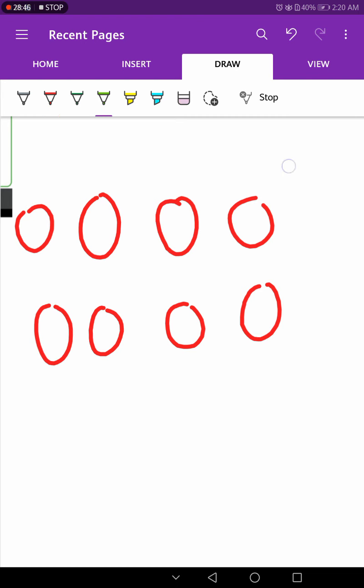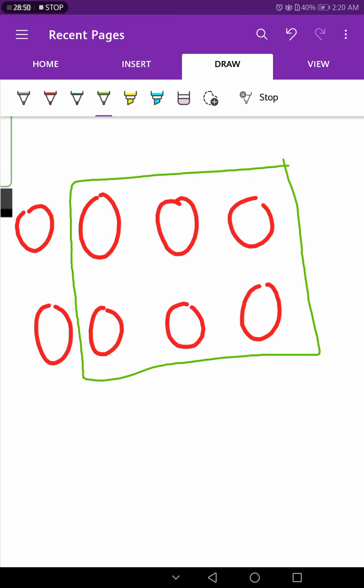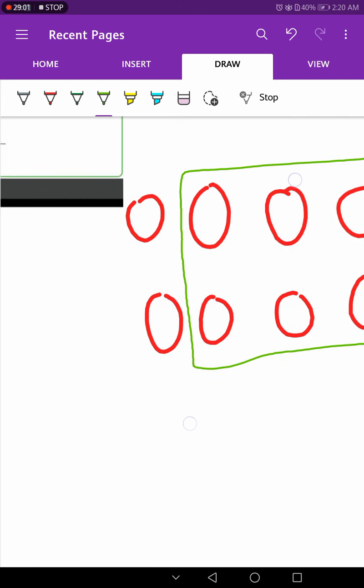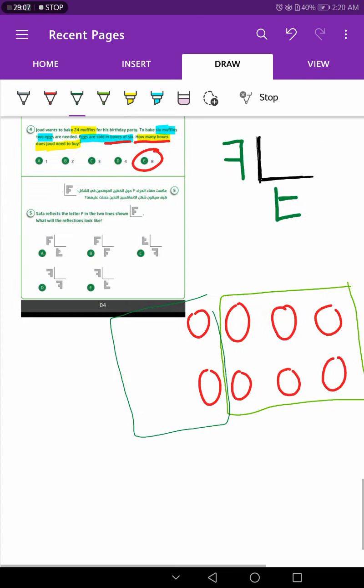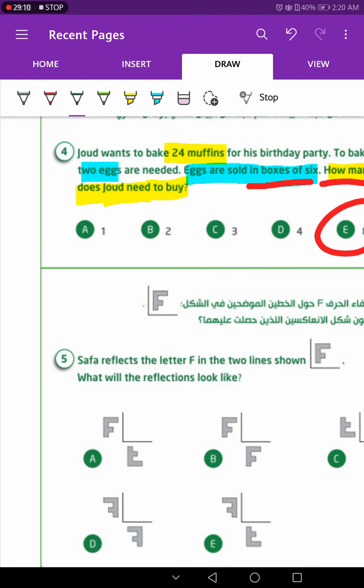Okay, and you said one box holds 6 eggs. Yes, what about the 2 eggs? He asked you about the boxes. That means you need to buy 2 boxes. Okay, so the answer here is B. He needs to buy 2 boxes.